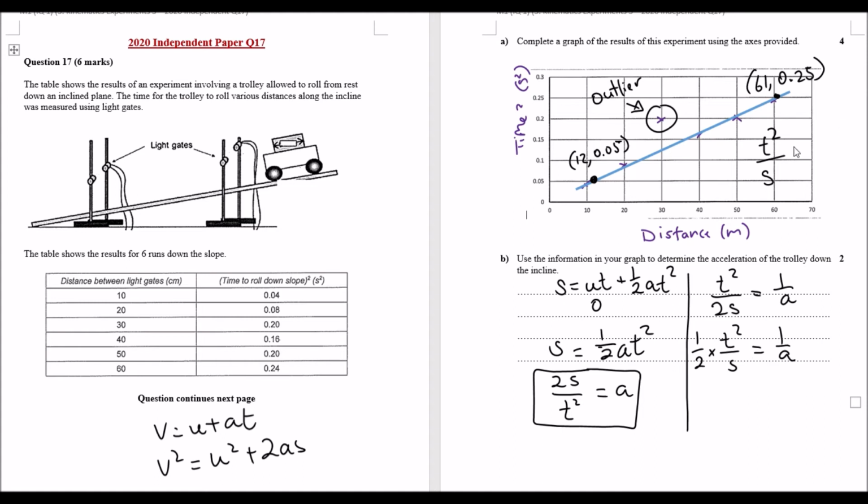So to find the gradient value here, that would be 0.25 minus 0.05 over 61 minus 12. Remember, it's y2 minus y1 over x2 minus x1.